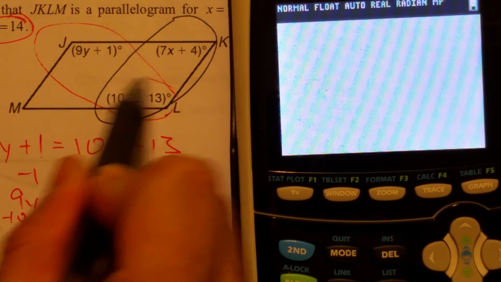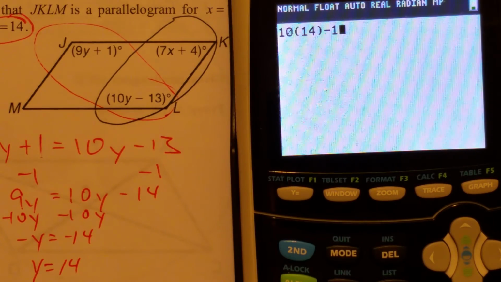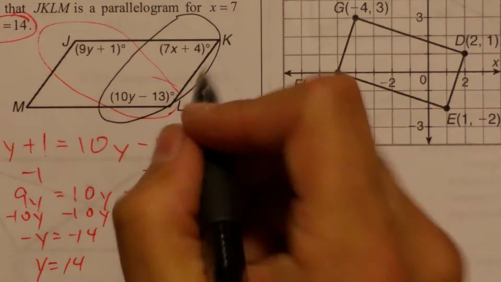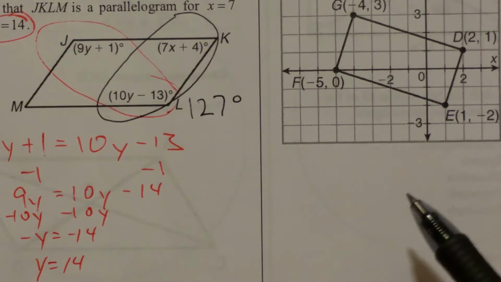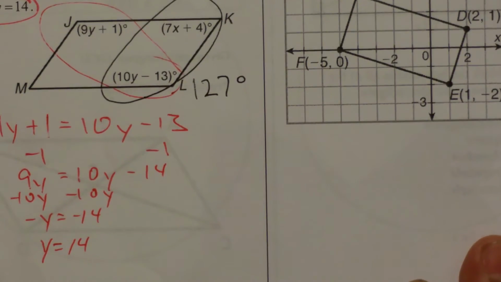I need to figure out the value of this angle right here. 10 times 14, because that's my y value, minus 13 is 127. So this angle right here is 127 degrees.